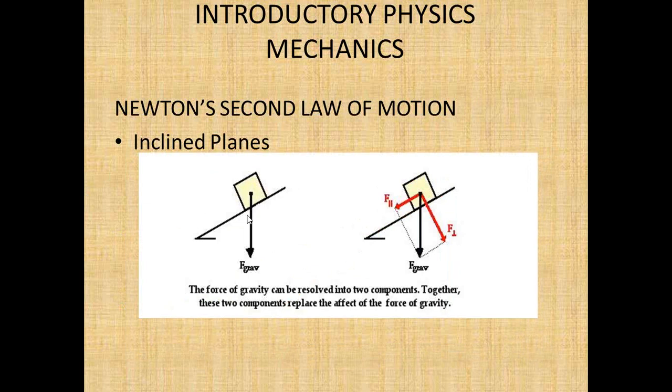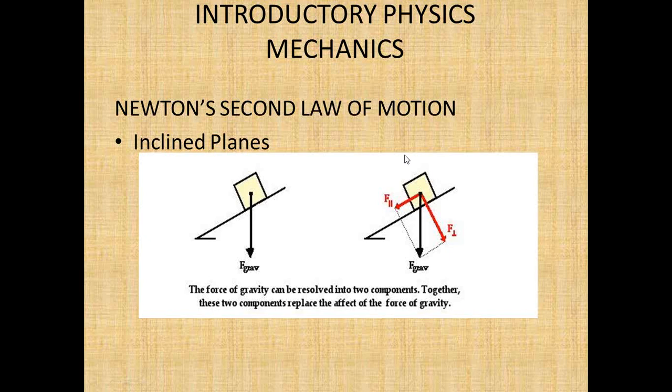The force due to gravity is always straight down. But the forces acting on this box include a force which is parallel to the surface of the incline. There's also another force which is perpendicular to the incline.